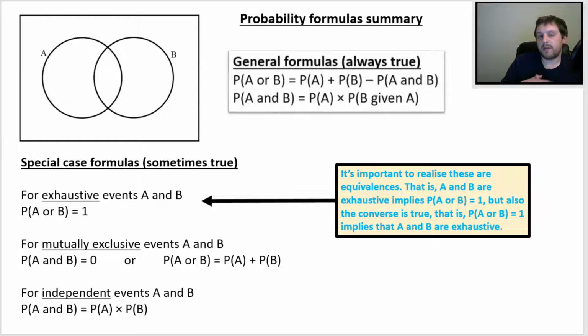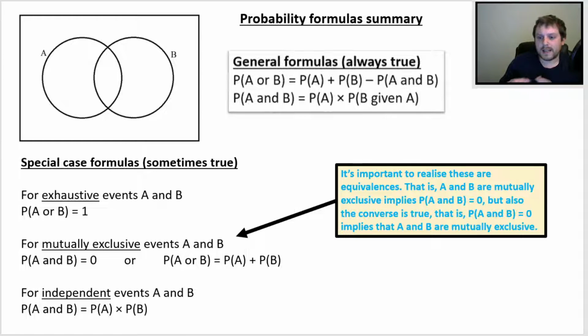If the probability of A or B is 1, and I've got to be very careful how I say that, because it's the probability of A or B is 1, then that would mean that A and B are exhaustive. And if the probability of A and B is 0, then that tells you that they are mutually exclusive events. So the implication is in both directions.